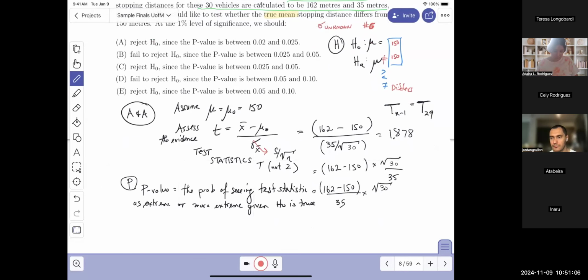So what does that look like? So I just teach you to draw it. And we draw, what do we draw? We draw our test statistic on it. So this is a T29 table or chart or graph or distribution. And the T-stat that we got was 1.878. I'm going to check what's the chance of it being greater here.